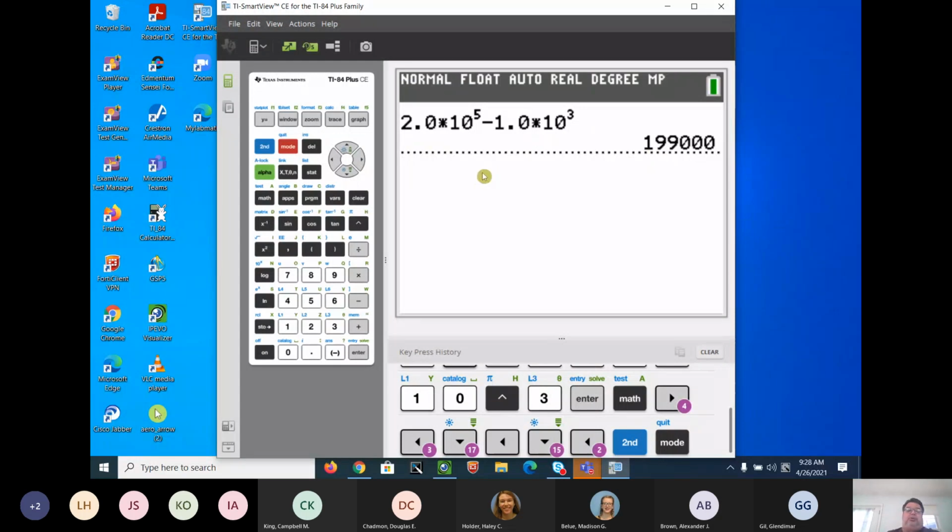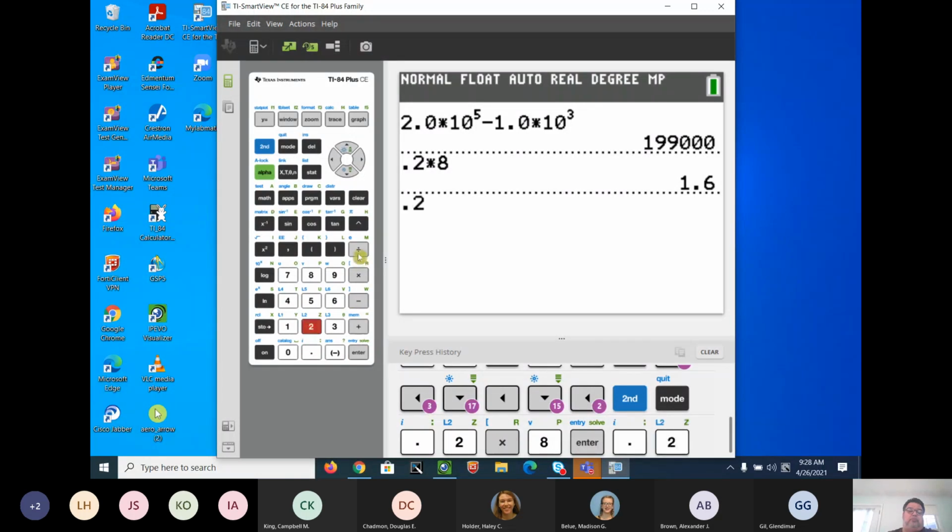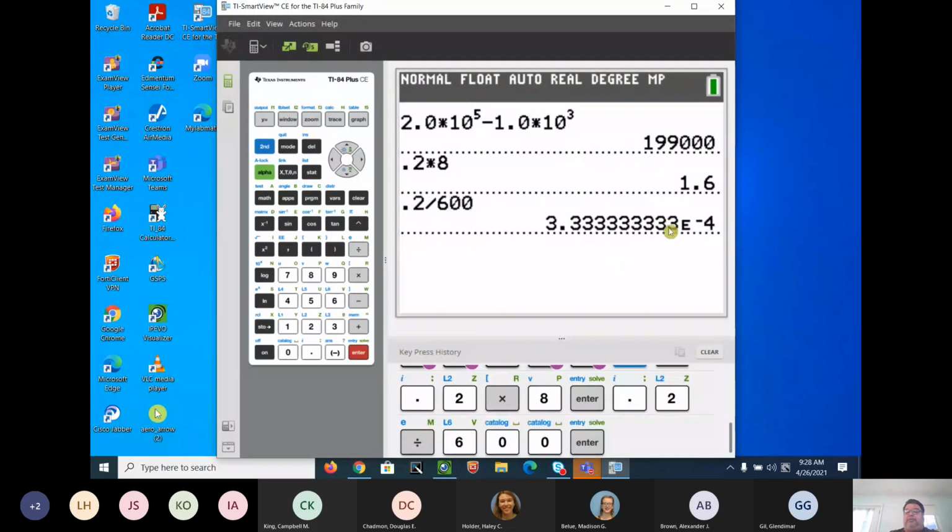Now sometimes your calculator will put the answer out in scientific notation. Let's go with 0.2 divided by 600. There is your scientific notation there. The calculator gives you an answer, 3.33 times 10 to the -4th power.